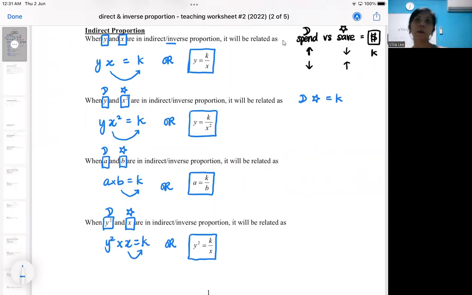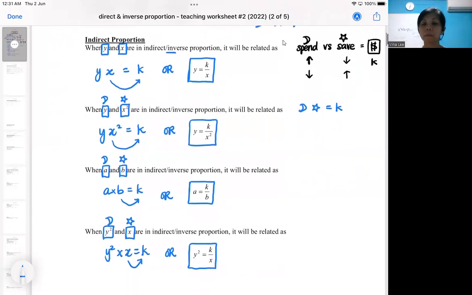The constant is like your pocket money or the house that's being renovated. There are two variables. One variable will increase and one variable will decrease, or the other way around. This is the idea of inverse proportion. It's very different from the direct proportion. Direct proportion is both increase or both decrease. So see which one you prefer, whichever setup.